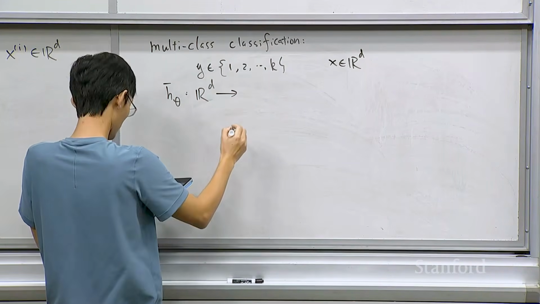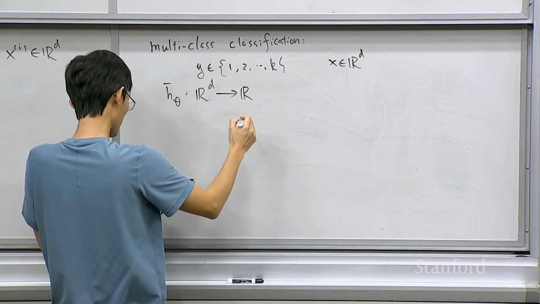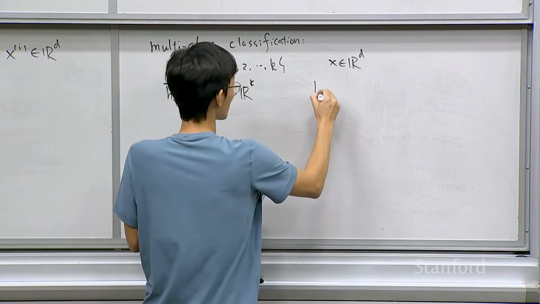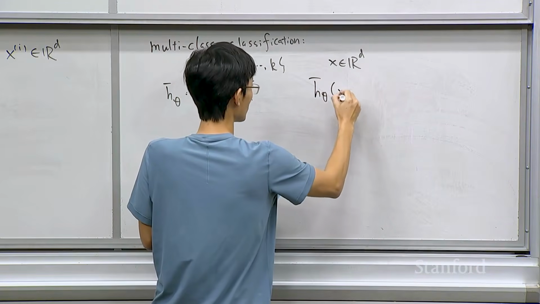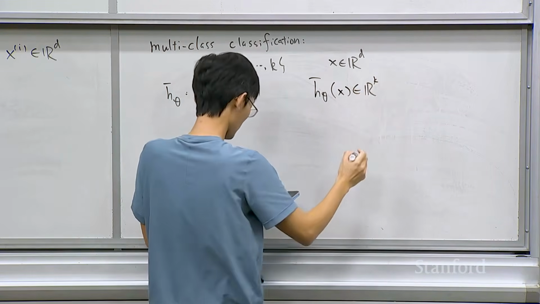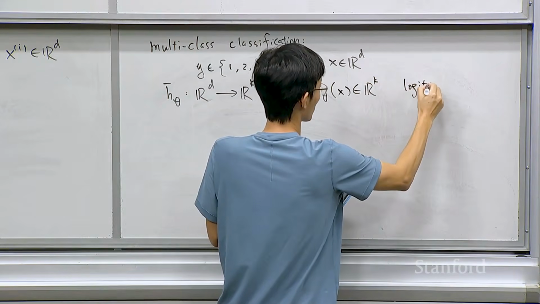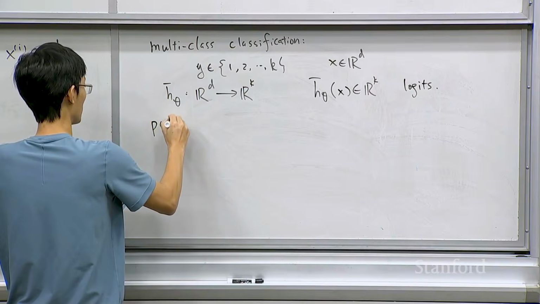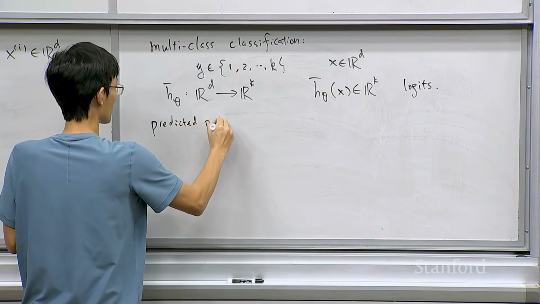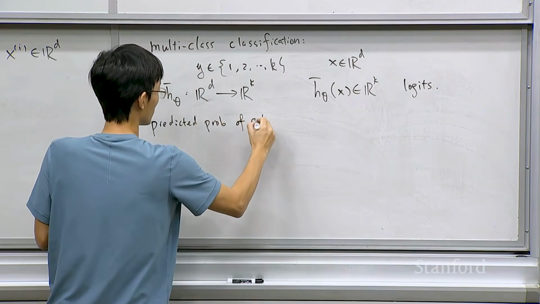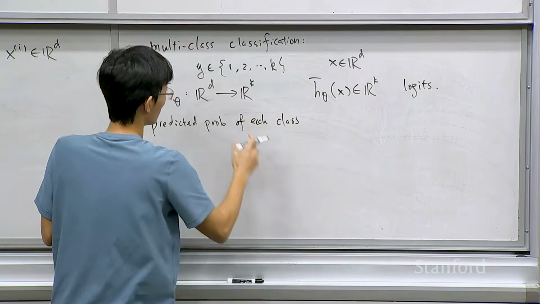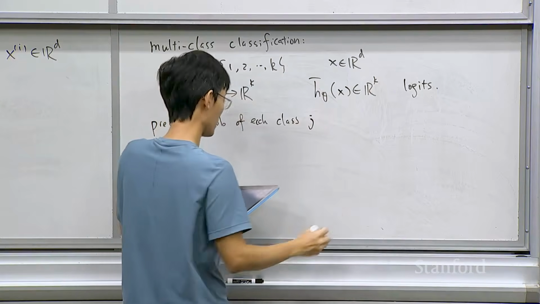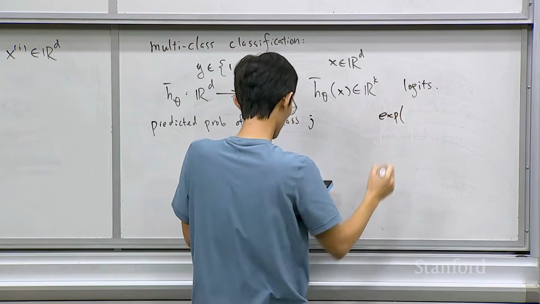The model maps the input to k numbers, and these k numbers are often called logits. This is the same as the logits in the linear case. With these logits, the predicted probability of each class for this example x, let's say class j, is of this exponential form.